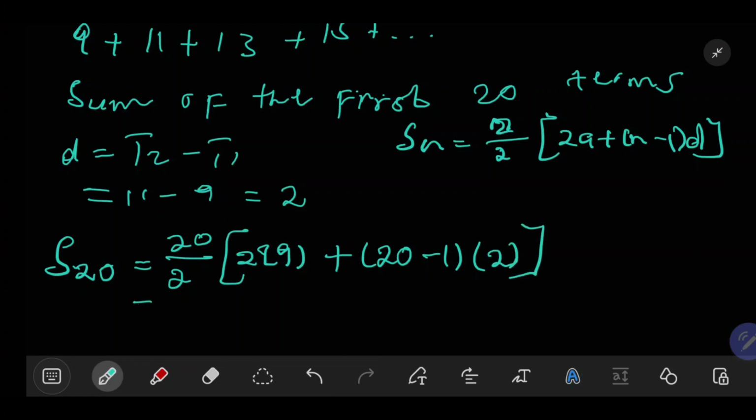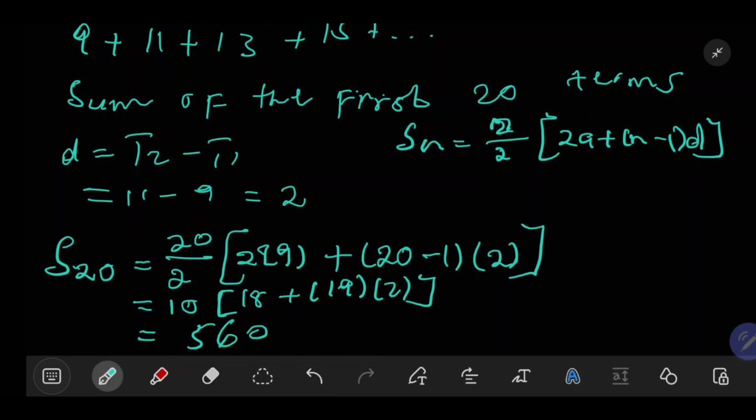You can simplify this: we have 10 here, and inside the bracket we have 18 plus 19 multiplied by 2. When you punch your calculator, you will get an answer of 560. This is the sum of the first 20 terms.